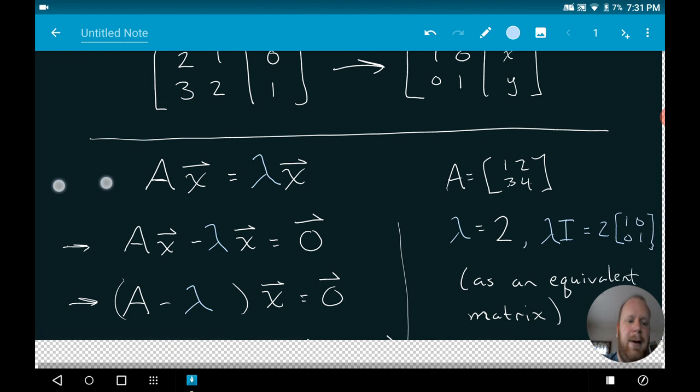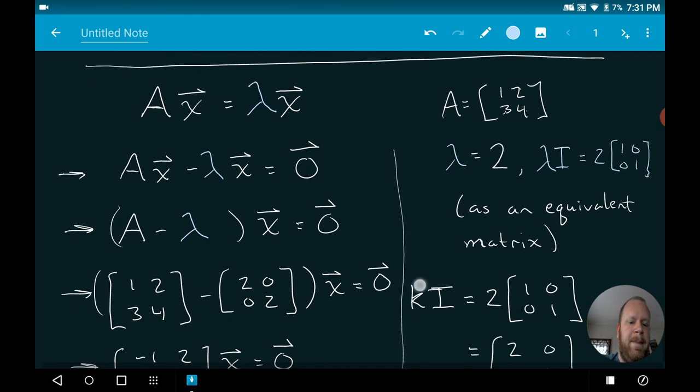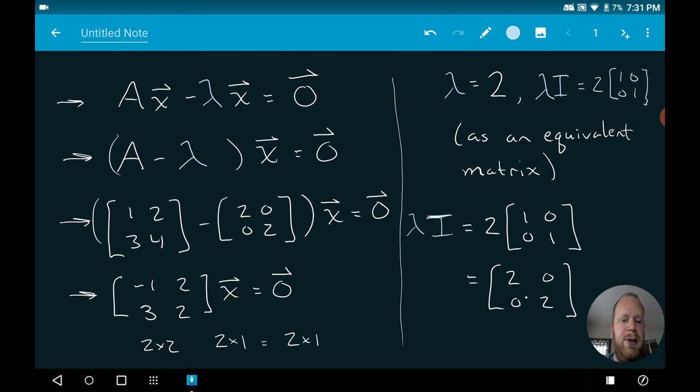And so the result of that would be this down here, which is 2, 0, 0, 2. So you can see what that might look like down here, but yes, matrix, scalar, we need to make sure that these are both matrices. So 1, 2, 3, 4 minus 2, 0, 0, 2, that'll give us this matrix here.